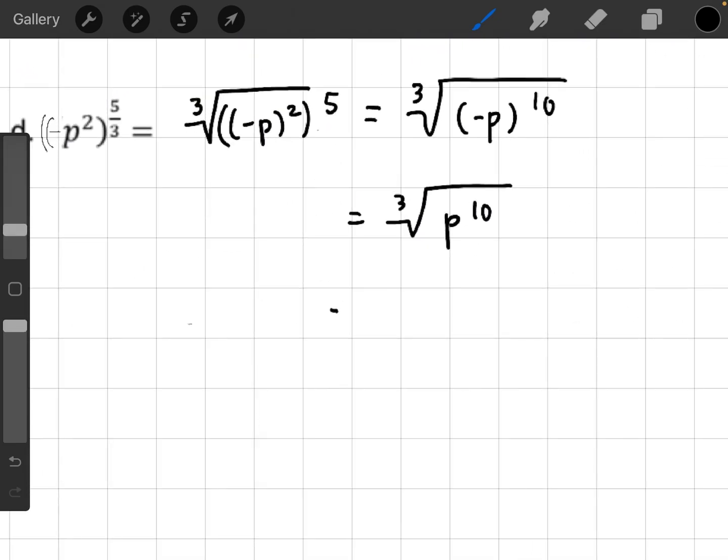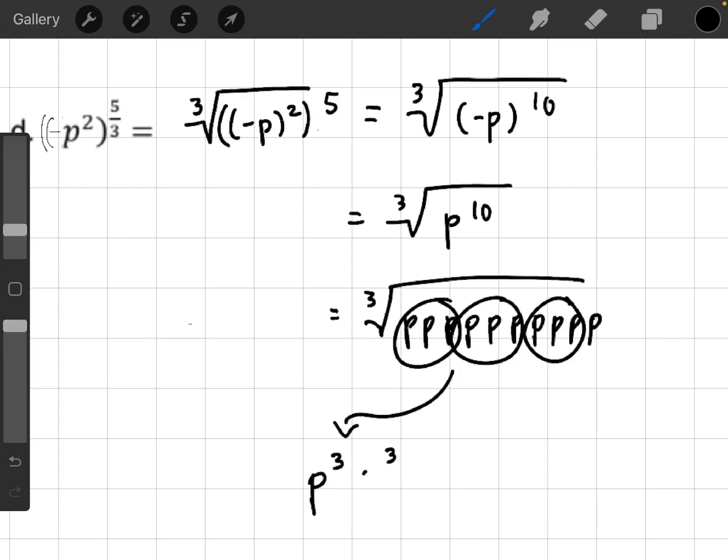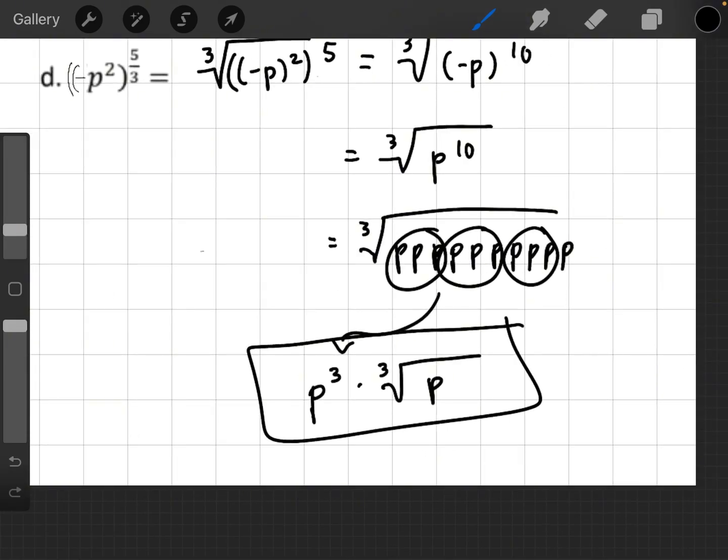And using our grouping rule from before, for the cube root of 10 p's, we have 3 groups of 3, and we'll move those outside. P cubed times the cube root of p, because there's a singular p left here that will move down here. This is our final simplified answer.